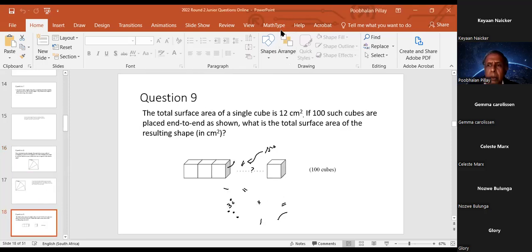We didn't have to do all what I just did towards the end, because you can prove it intuitively, by intuition. But if we were to write out the proof, then you will have to know why we are saying something, okay? All right, the next question, question 9, says that the total surface area of a single cube is 12 centimeters squared.